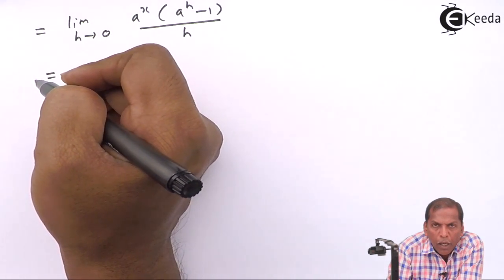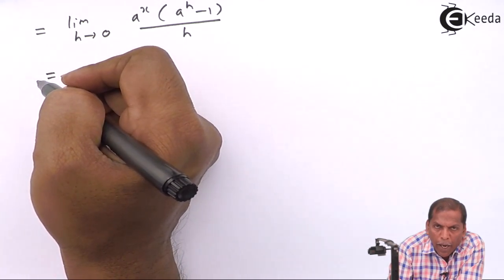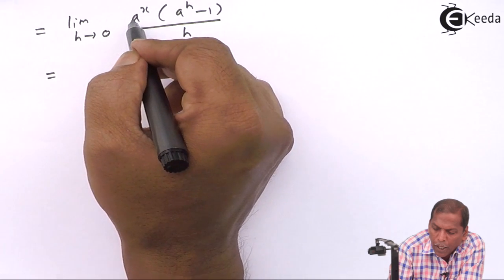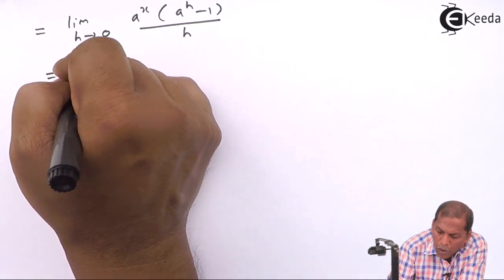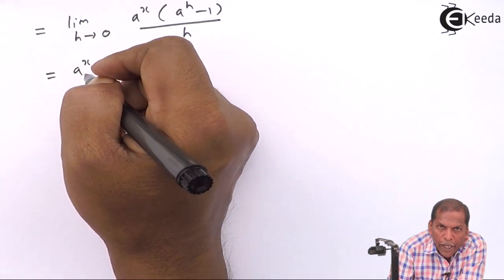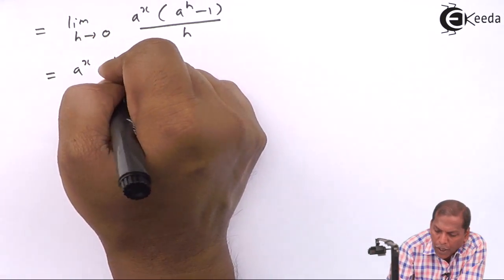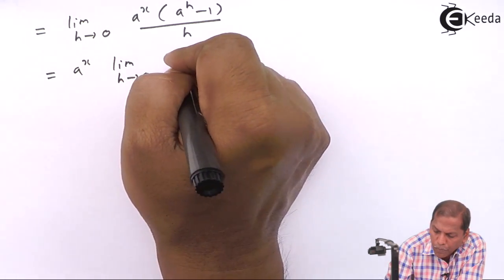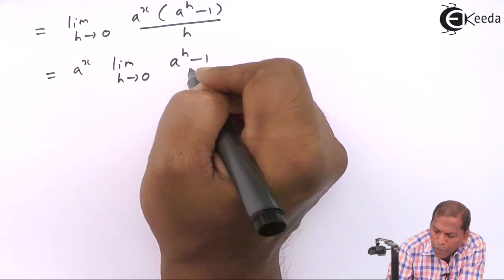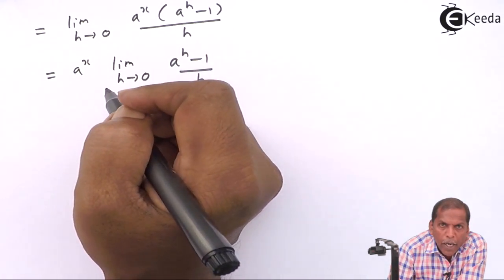Now since here limit depends on h, according to that a raised x term must be constant, so we take it outside the limit. So the next step will be a raised x into limit h tends to 0, a raised h minus 1, whole thing divided by h.